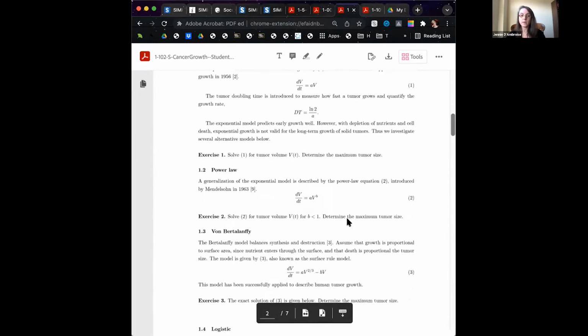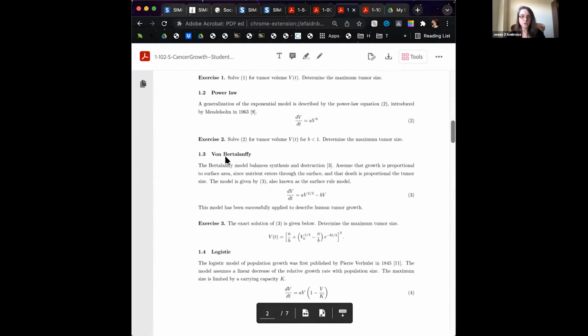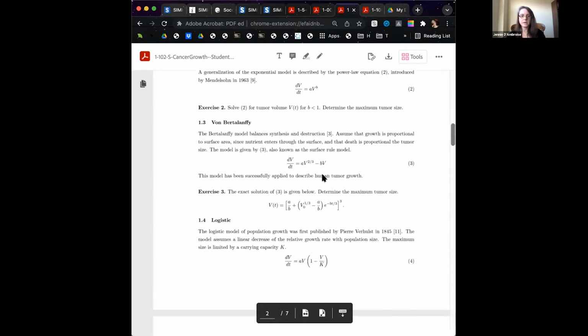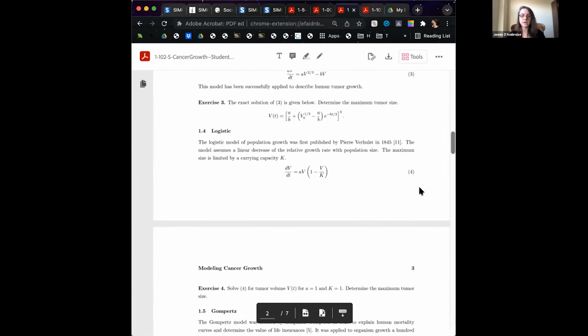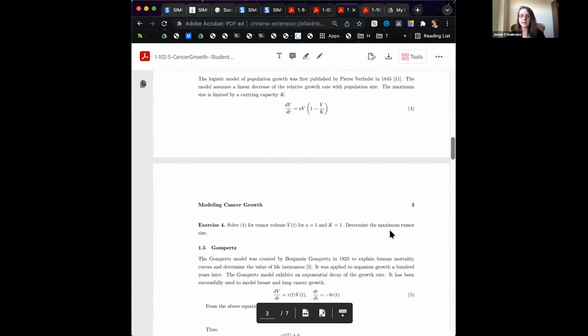Then it's the power law, again, determine the maximum tumor size. Then it goes straight into von Bertalanffy, if I'm pronouncing that correctly. Here you can see the solution to the differential equation is given, but it says determine maximum tumor size. And then it goes into the logistic model, again, determine maximum tumor size.